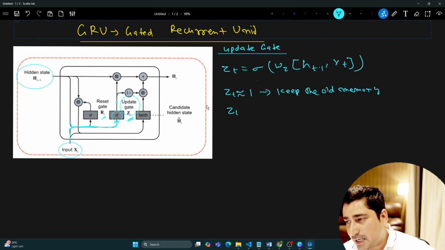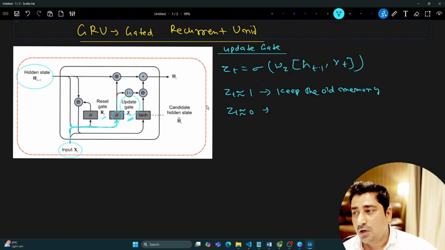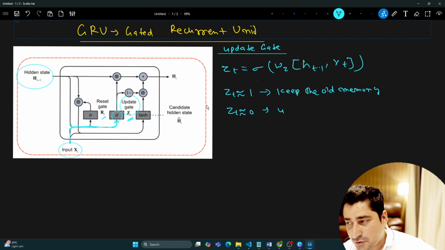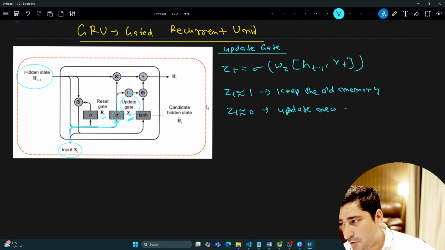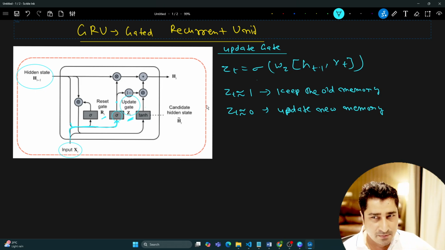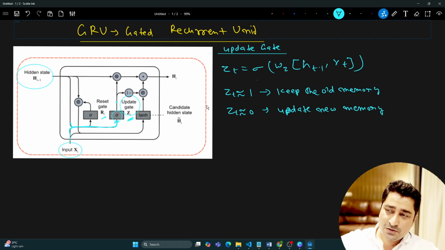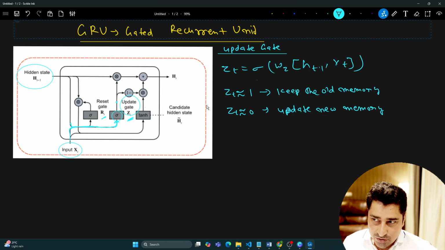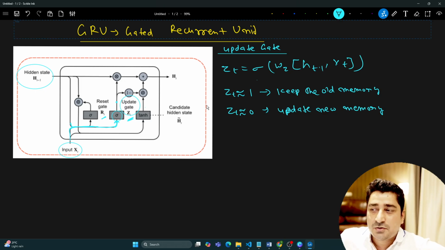And when z of t tends towards 0, or is closer to 0, it will update with the new memory, meaning update the memory with the new information. So based on z being equal to or closer to 1, or closer to 0, it decides whether we should keep the old memory or update it.